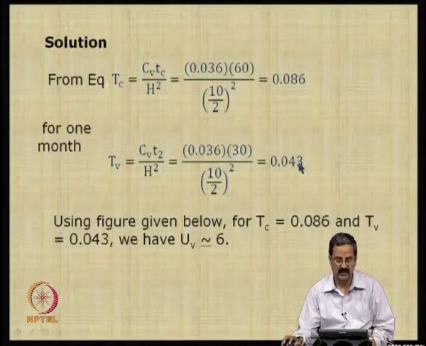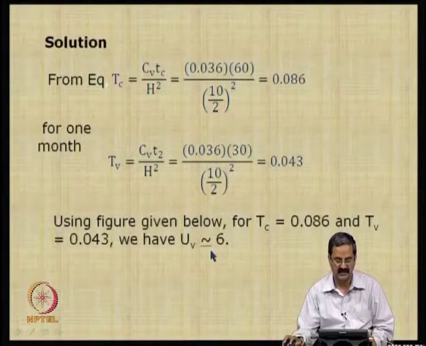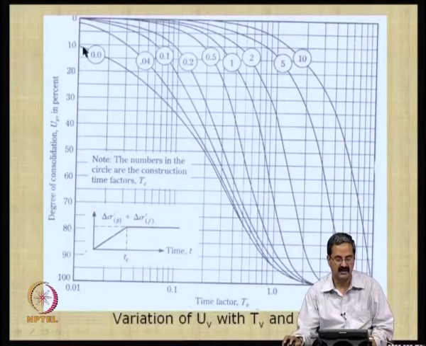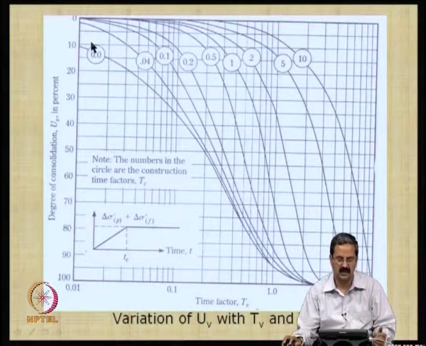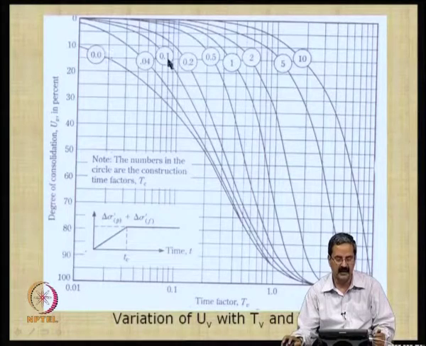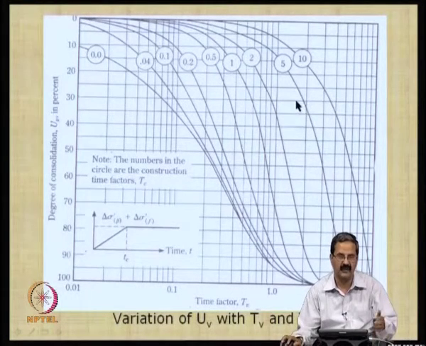Then we look at the degree of consolidation, it is about 6 percent, somewhere here. If you look at those numbers it is quite low, because you are looking at only 1 month, not a long time. So one can calculate based on different time intervals.